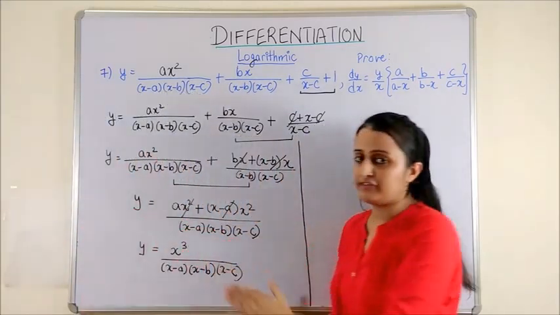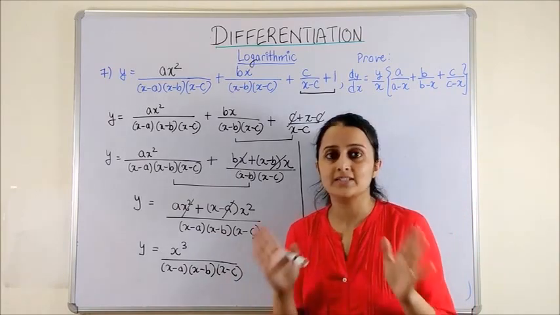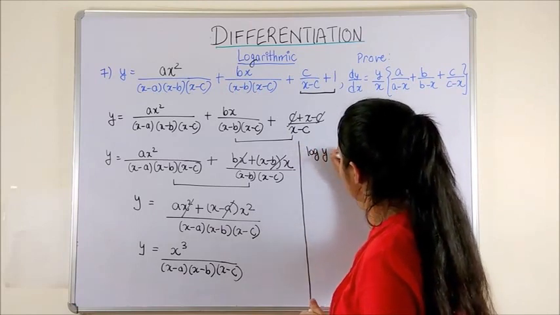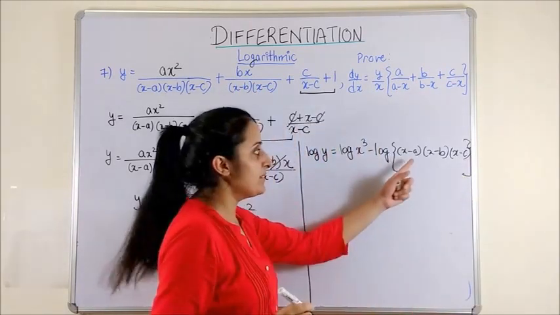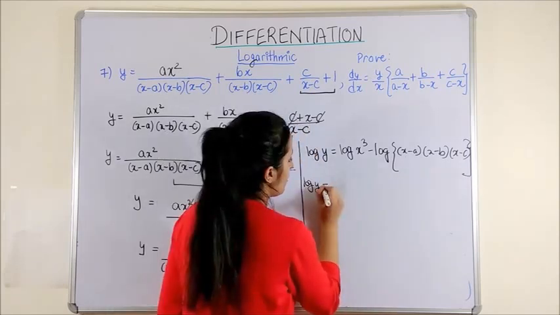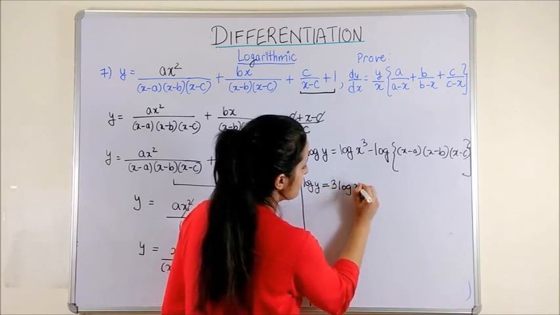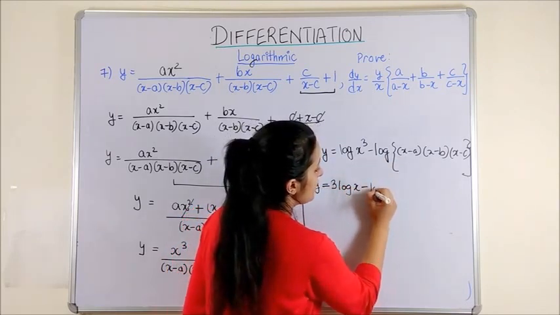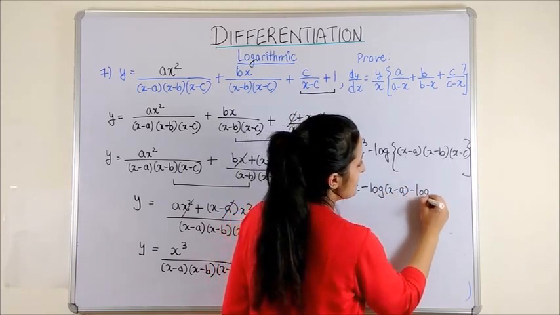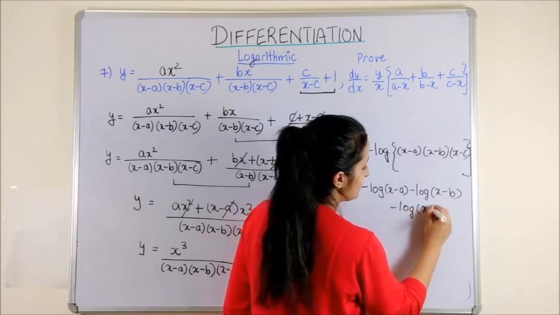At this stage, if you take log on both sides, the differentiation becomes very easy. So by taking log on both sides, which can be further written as log a plus log b plus log c. Also your log x cube could be written as 3 log x minus, we get log x minus a minus log x minus b minus log x minus c.